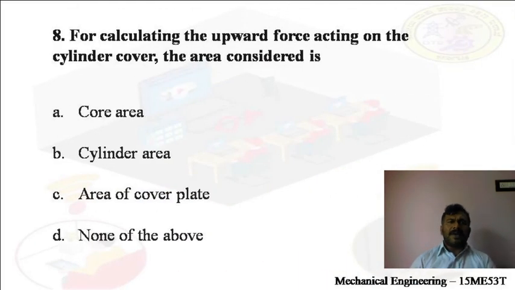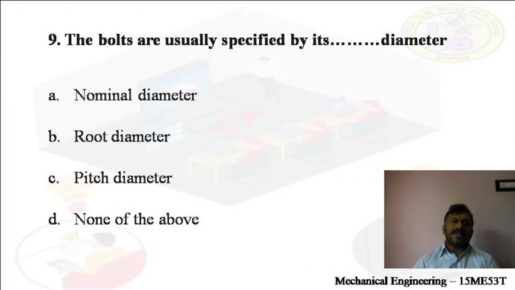Next one, for calculating the upward force acting on the cylinder cover, which area is considered? Core area, cylinder area, area of cover plate, none of the above. Next one, the bolts are usually specified by its dash diameter. Nominal diameter, root diameter, pitch diameter, none of the above.